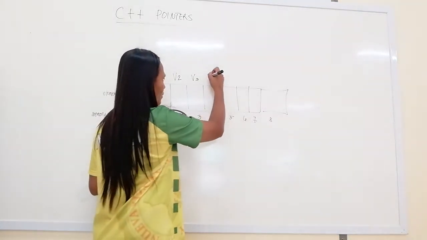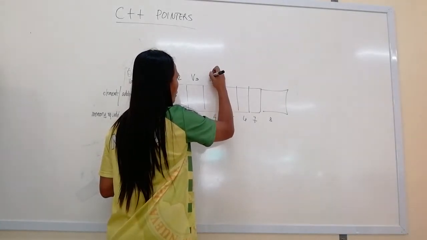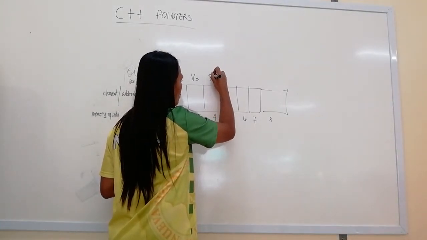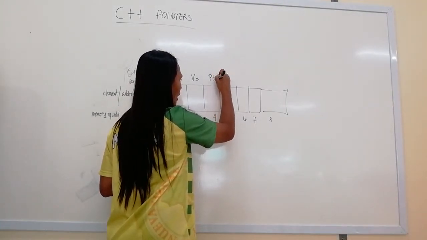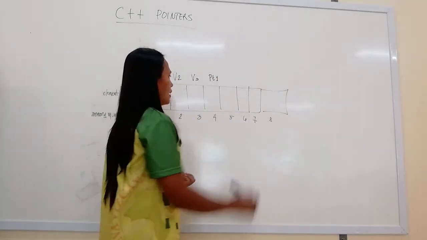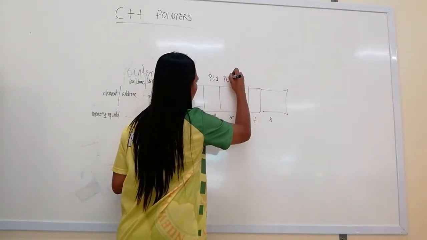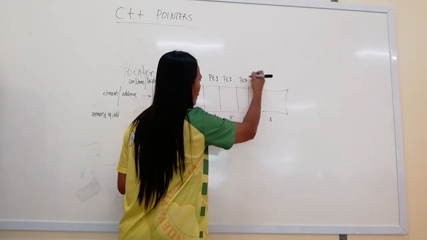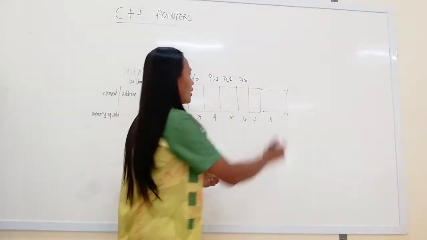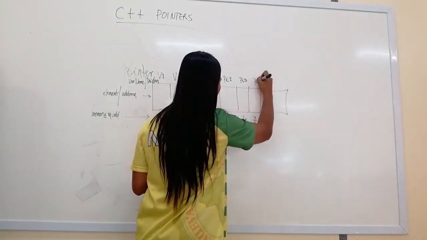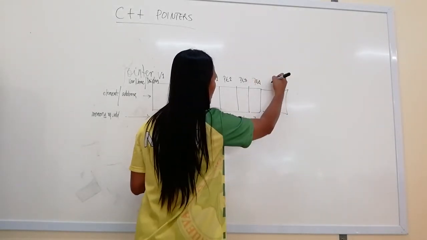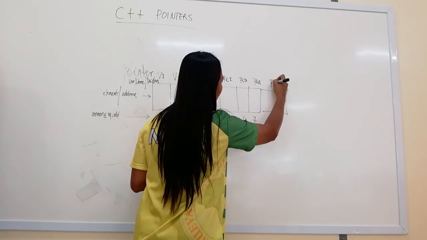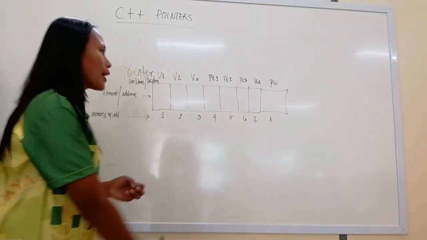In this part, we have the pointers. We have pointer 1 represented by PT1, pointer 2 represented by P2, pointer 3 represented by P3, pointer 4 represented by P4, and PT5 as pointer 5.